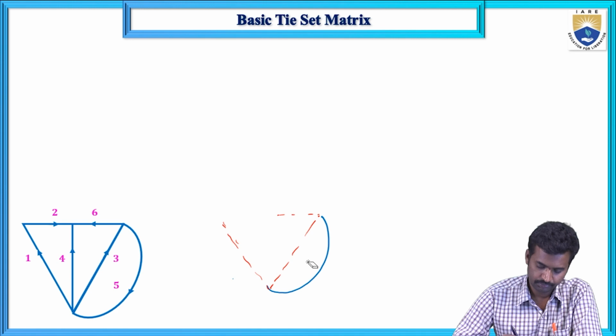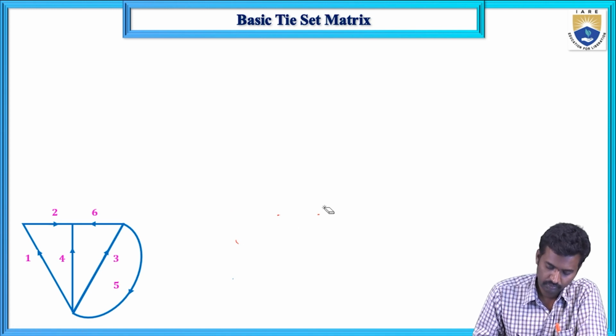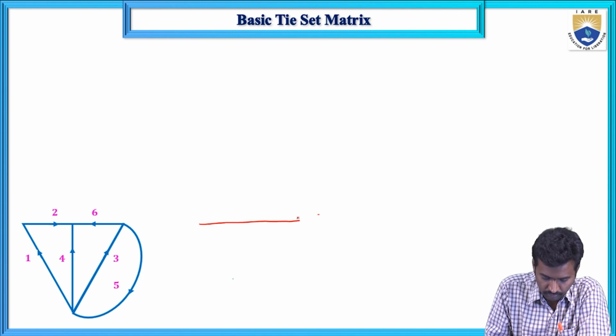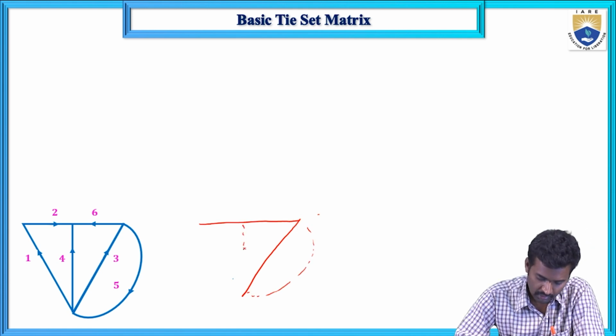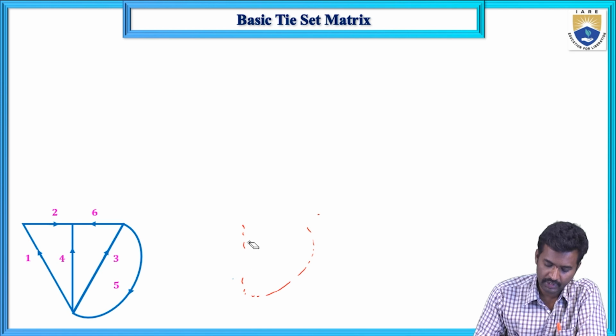Don't use this one. So now the selection of tree is this one. This is one link and this is one link. So use this tree, it is better.